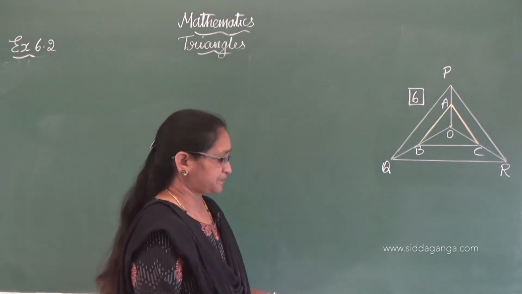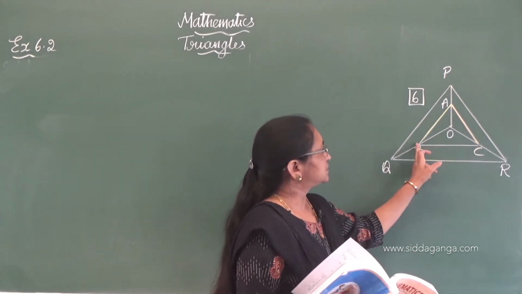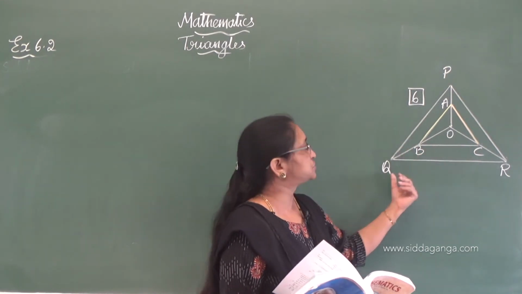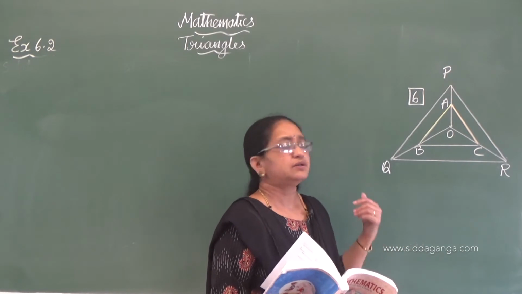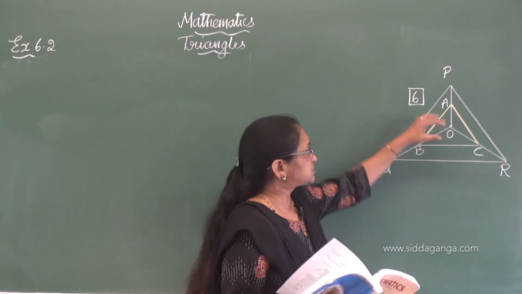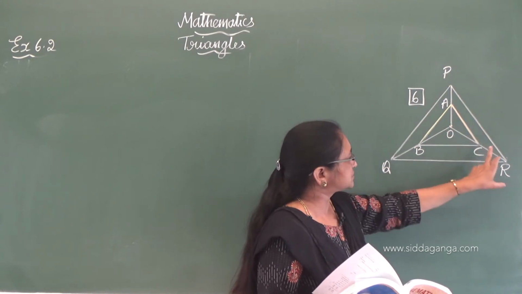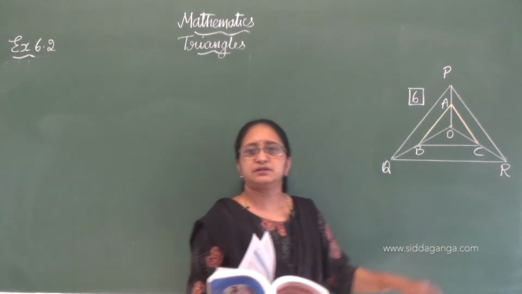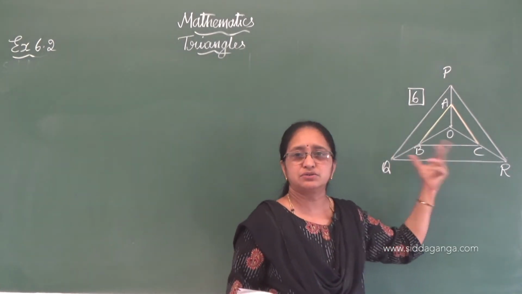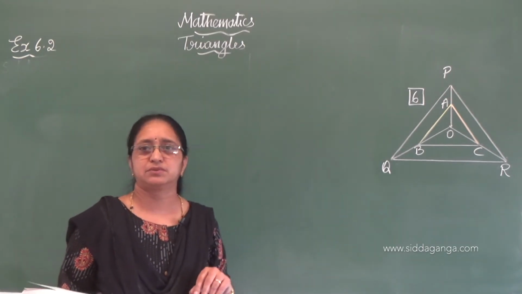Once again I repeat, if a line divides the two sides of a triangle in the same ratio, then that line is parallel to the third side of a triangle. So you have to prove that OB by BQ is equal to OC by CR. Then definitely you can say that BC is parallel to QR. So think it over, you can easily solve this problem.